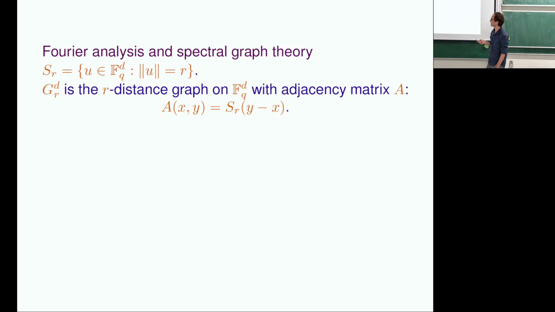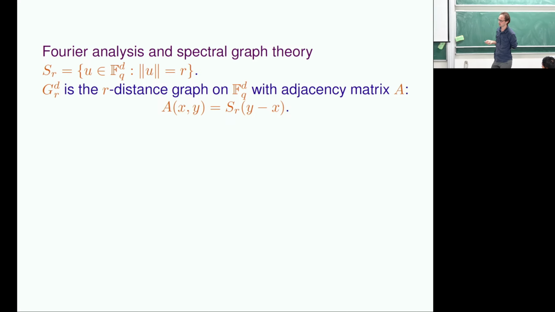Oh, so this means y minus x is in S_r or not? That's right, yeah. I see. So it's just a little abuse of notation there, that I use the same notation for the set that I use for the indicator function for the set.